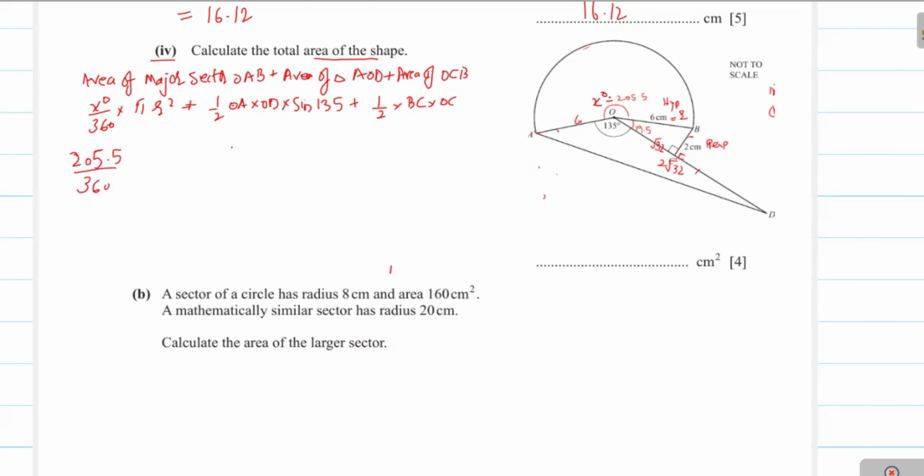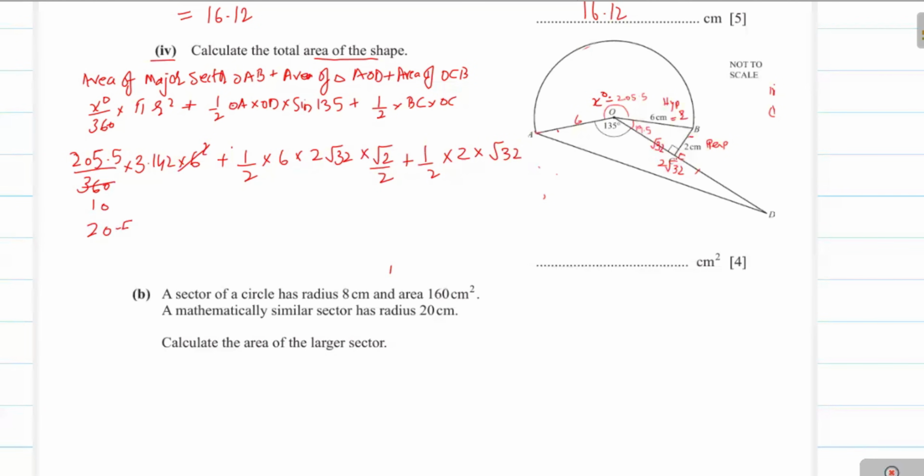Our 205.5 over 360 multiplied by 3.142 multiplied by radius 6 square, plus 1/2 into OA length 6, OD length 2 square root 32, and sine 135, that's equal to root 2 over 2, plus 1/2 into BC length, you see here is 2 into OC length, square root 32. Now we simplify: 6 squared is 36, times 10 is 360.